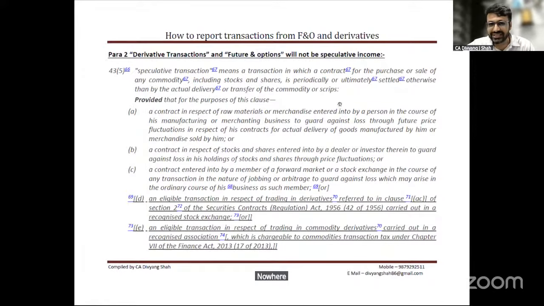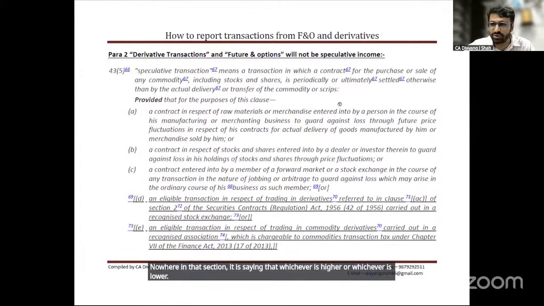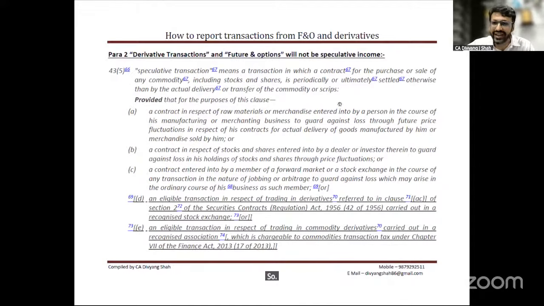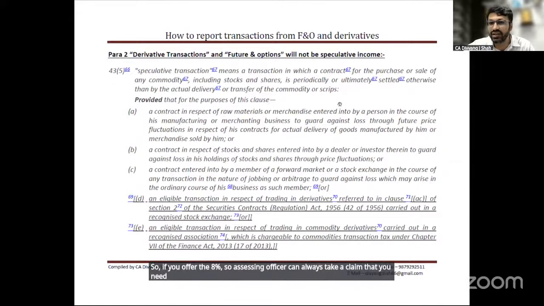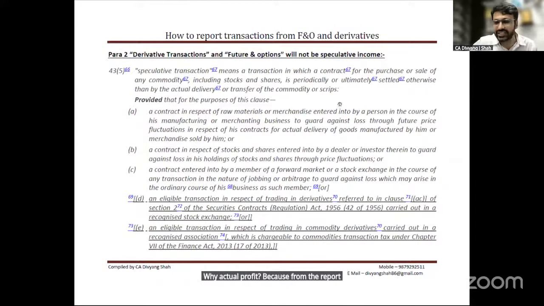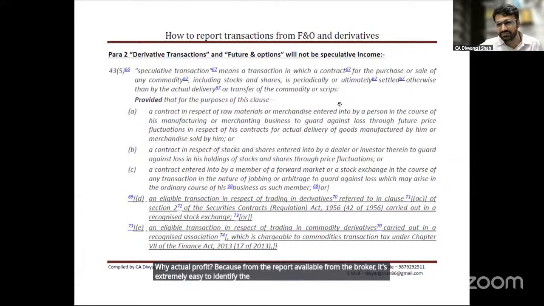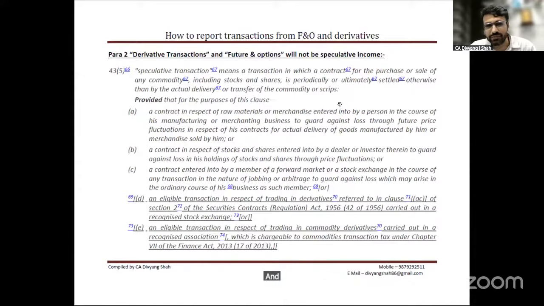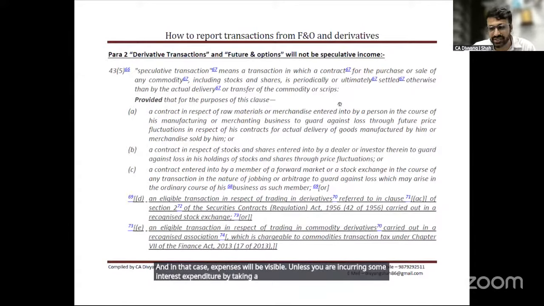Nowhere in that section does it say whichever is higher or whichever is lower. So if you offer the 8%, the assessing officer can always claim that you need to offer the actual profit. Why actual profit? Because from the report available from the broker, it is extremely easy to identify the actual profit. And in that case, expenses will be visible, unless you are incurring some interest expenditure by taking a loan, which is a separate discussion.